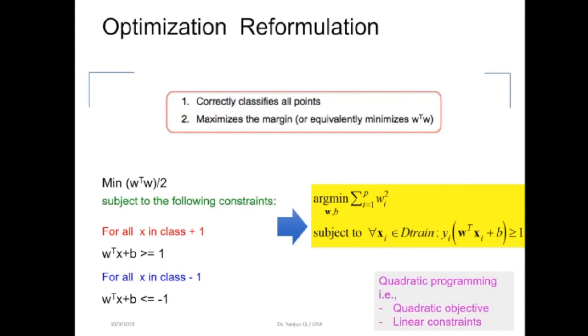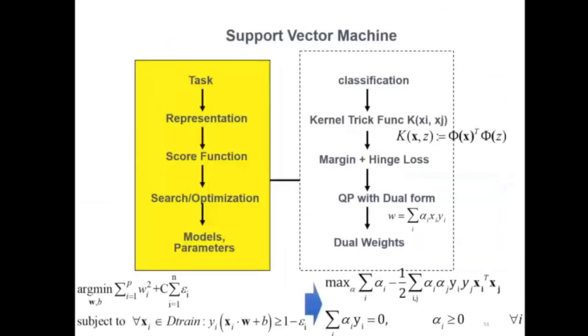So yi is given, and this is a linear function, right? When you have a linear constraint and a quadratic objective to optimize, this is a classic quadratic programming formulation. There are existing solvers to directly solve this. I think that's it.